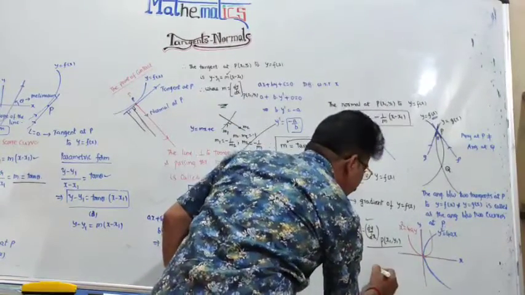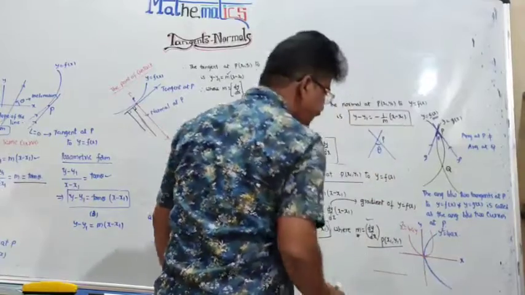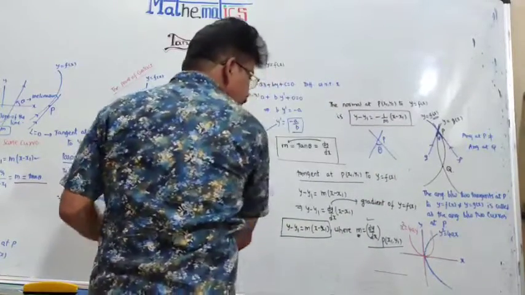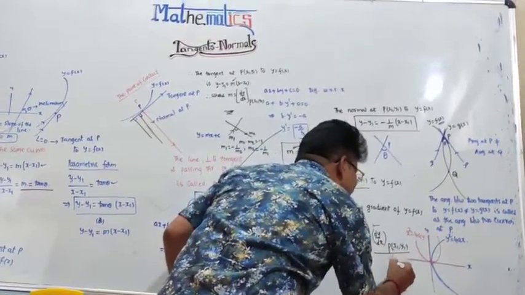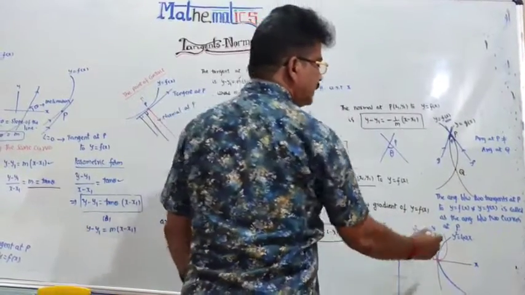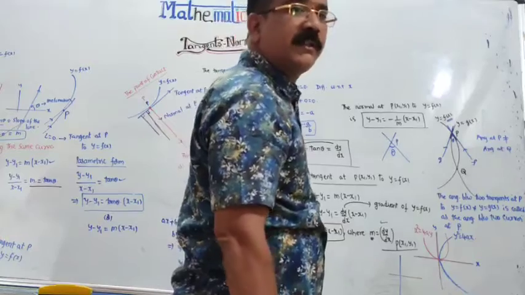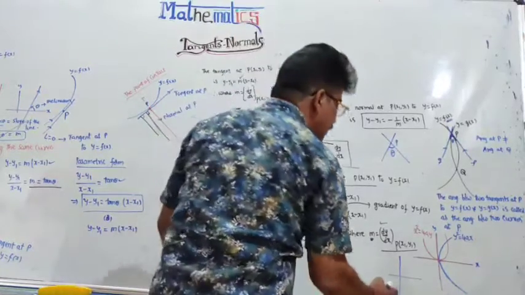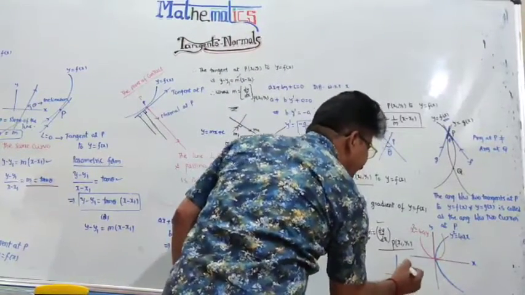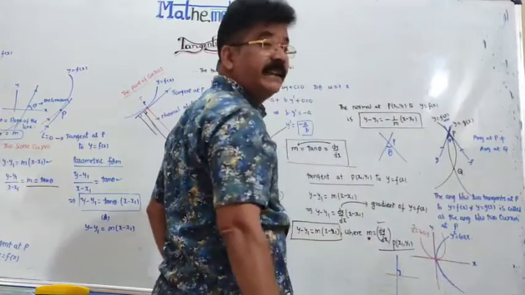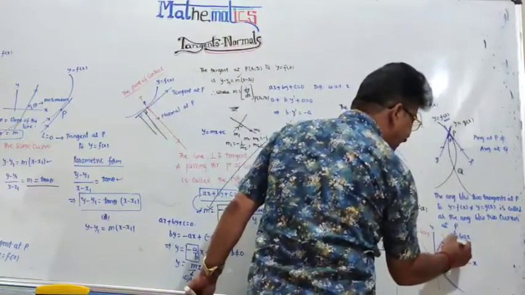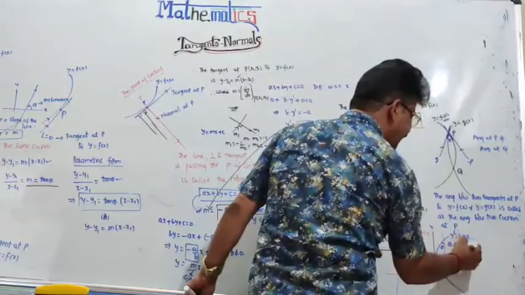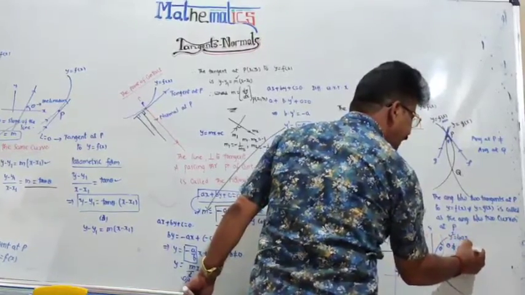So the x-axis is tangent to x square is equal to 4ay, and the y-axis is tangent to the parabola y square is equal to 4ax. Clearly we see that the angle between them is 90 degrees at the origin, but at the other point, this theta is not at all equal to 90 degrees.